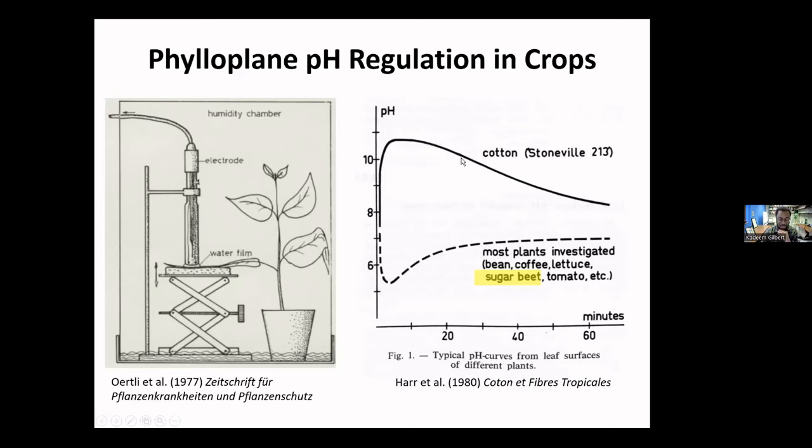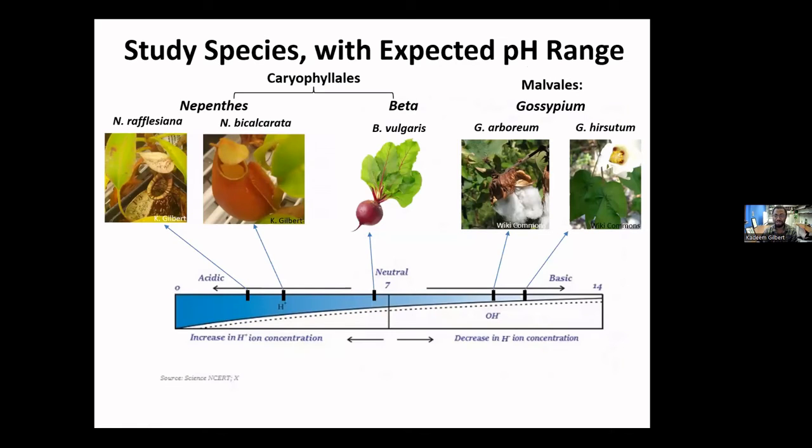So very curious, and no one had really attempted or had the ability to answer why. How is the plant doing it? Why is the plant doing it? How is it impacting its relationships with symbionts? So I'm looking across a diverse assemblage of plants here, with both ends of this pH spectrum: the high acidity of the Nepenthes, the high alkalinity of Gossypium, and beet, which represents your more normal plants.